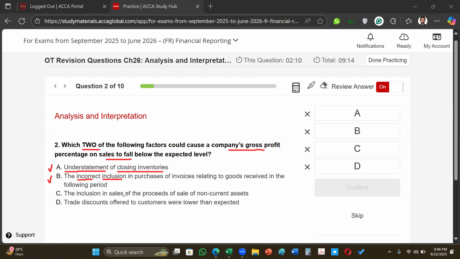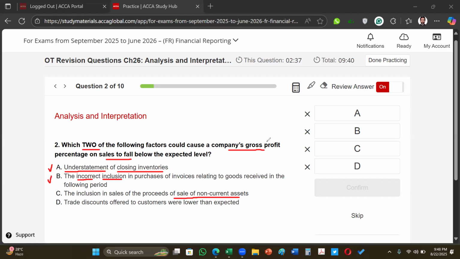The inclusion in sales of the proceeds of non-current assets. When you sell a non-current asset, this is not supposed to come in sales. But when it comes to sales, the sales figure swells up and becomes higher. And when the sales figure is higher, the gross profit percentage to sales is a higher figure, because the gross profit is sales less cost of sales.